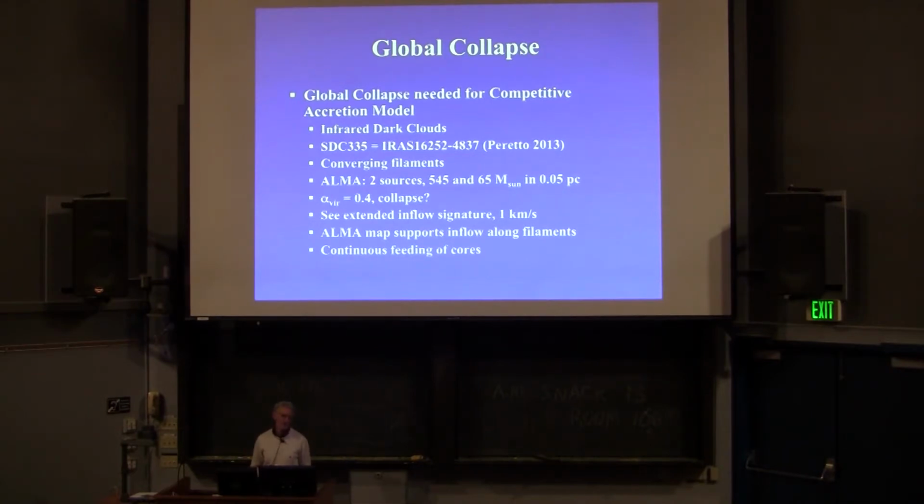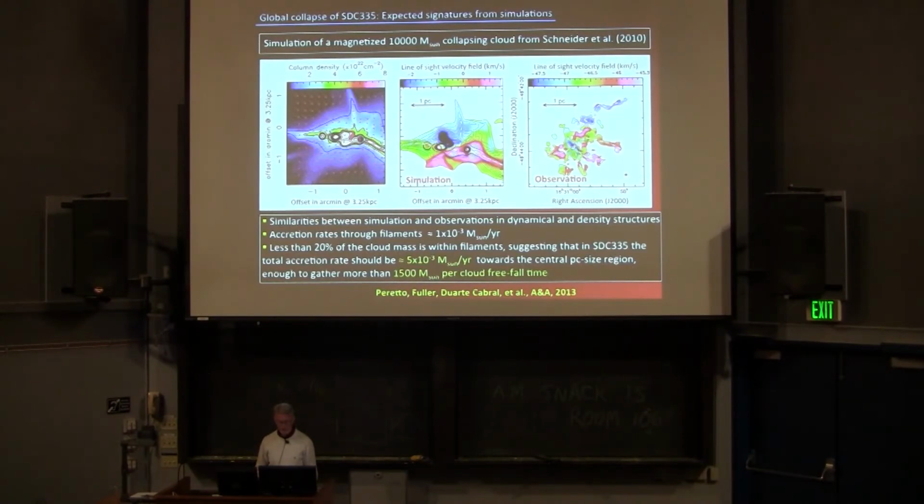They calculated the virial parameter and said it should be collapsing, and they claimed to see an extended inflow signature along these filaments, and they suggest this would then continuously feed these cores. So this is the slide from their talk at the ALMA first results meeting. The two pictures here are actually from simulations showing the flow along these filaments. And then on the right, they have the observations with ALMA.